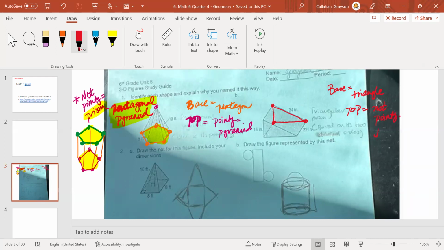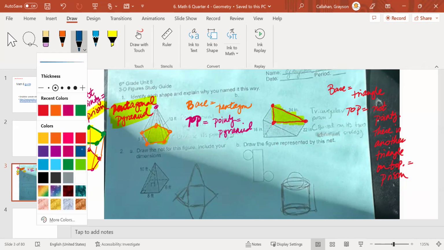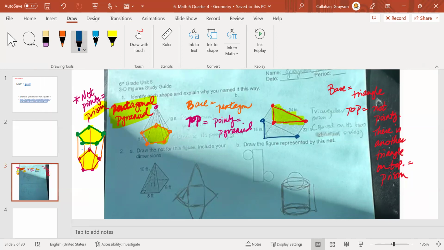Make sure you put there is another triangle on top, right? Which means it's going to be a prism, right? I want you to accentuate this triangle right there. And I also want you to accentuate this other triangle right here, the top part right there. Okay, so make sure you have 2. Do you have that?